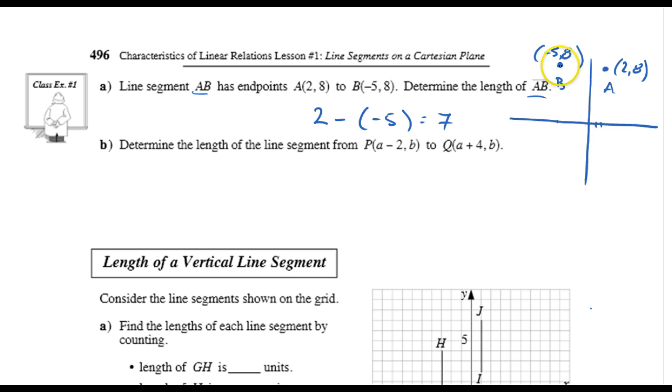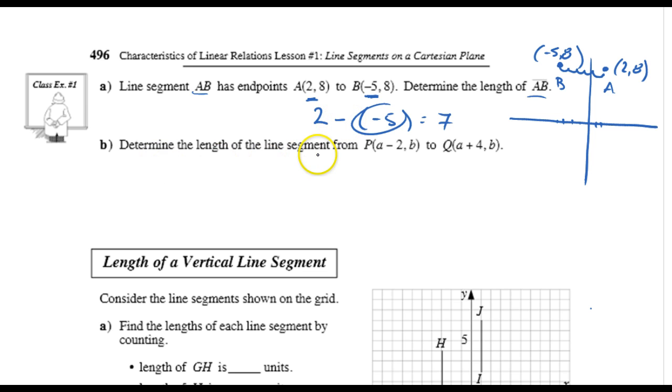Or if you had a good grid here, you can actually count and get 7. But again, that's going to take you a really long time. So we're looking at the x-coordinates, and that's the smaller one, that's the bigger one. So we subtract the smaller one away from the bigger one.